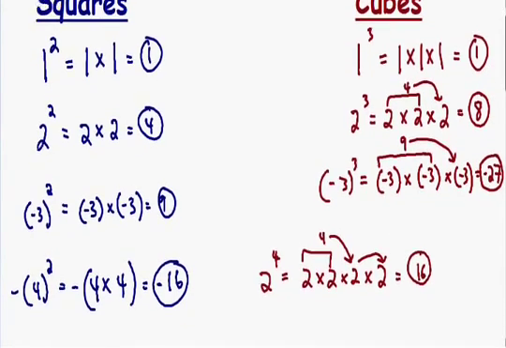Let's go over a couple more examples that might confuse you a little bit, and that's when you have a 0 as an exponent. Let's say we had 3 raised with a 0 exponent. Anytime you see a 0 in the exponent, the answer is always going to be 1. So 3 to the 0 is equal to 1.